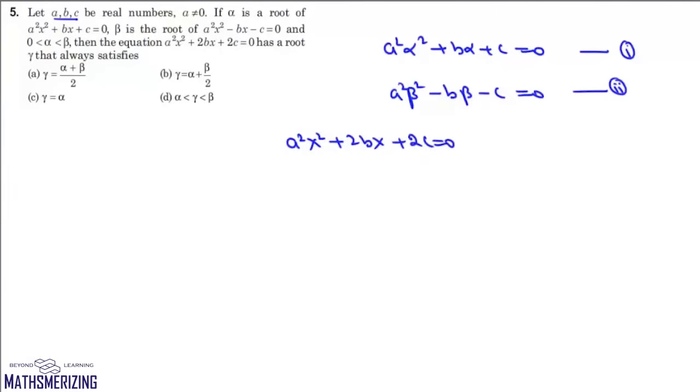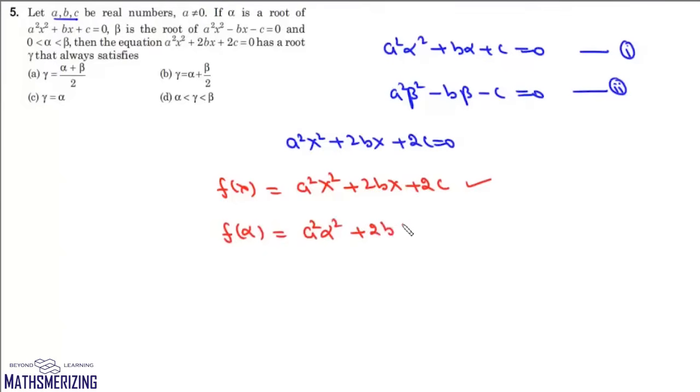Now what we'll do is we'll assume a function f(x) which is a squared x squared plus 2bx plus 2c. Since it is a polynomial function, this function is continuous. Now if we find f(alpha), it will be a squared alpha squared plus 2b alpha plus 2c.